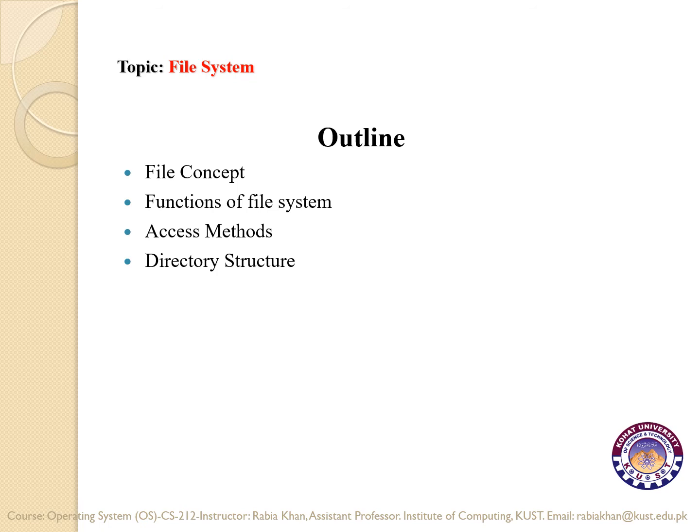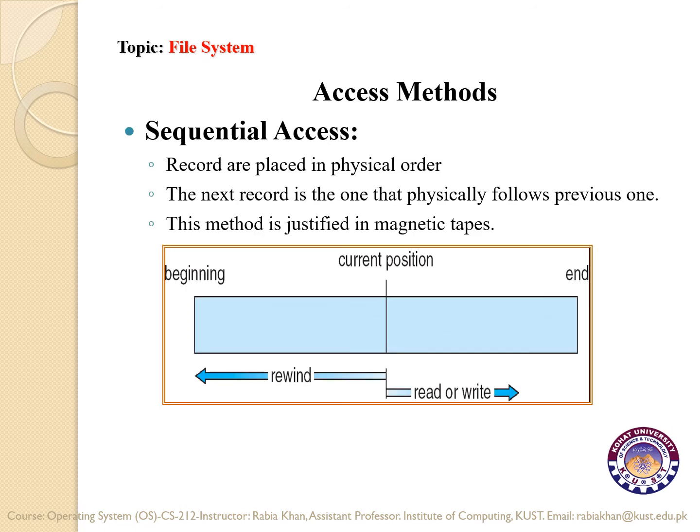The important topic that we are going to discuss next is the data access methods within the files. This is the important topic. How can data within a file be accessed? First method is sequential access.